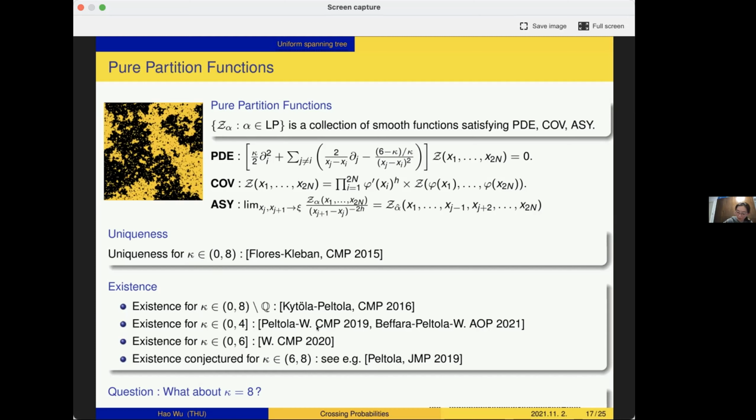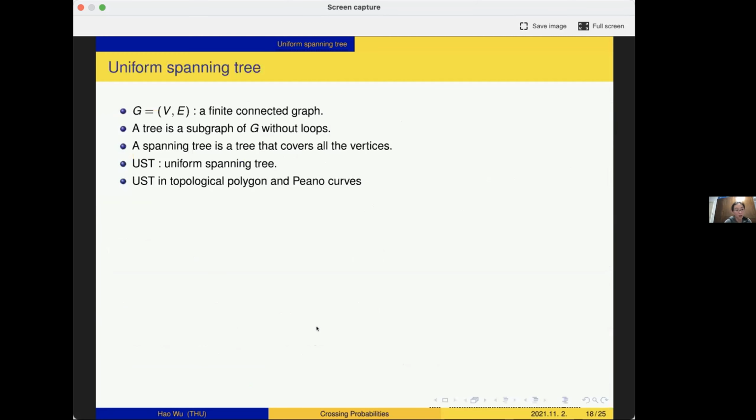This setup is only designed for kappa between 0 and 8, where 8 is not included. So if we talk about kappa equals 8, this setup no longer fits. Okay, so now what happens to kappa equals 8? In order to give a proper, meaningful definition for pure partition functions, we need to look at what happens to the uniform spanning tree and what it will give us as the natural answer.